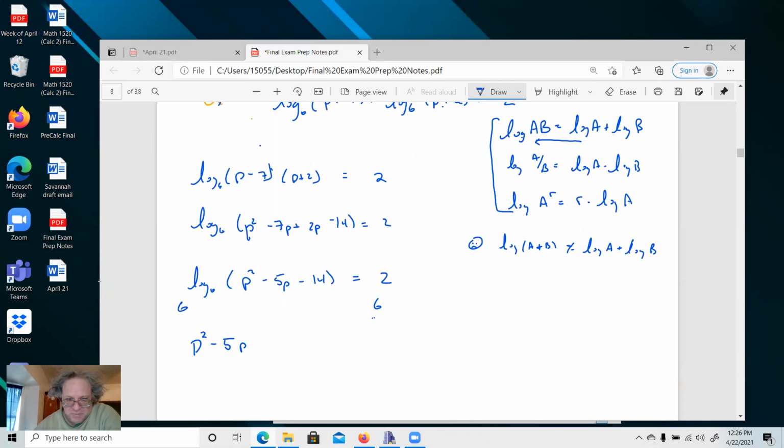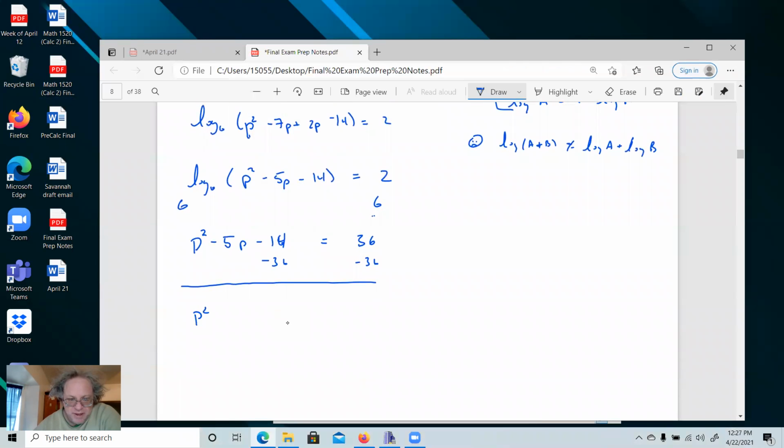Don't use that word, I made it up. So this equals 6 squared, which is 36. We subtract 36 from each side, and we end up with p squared minus 5p minus 50 is equal to 0. I think you can factor this. That's going to be p minus 10 times p plus 5 equals 0.